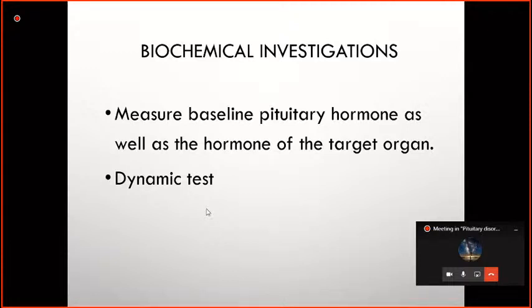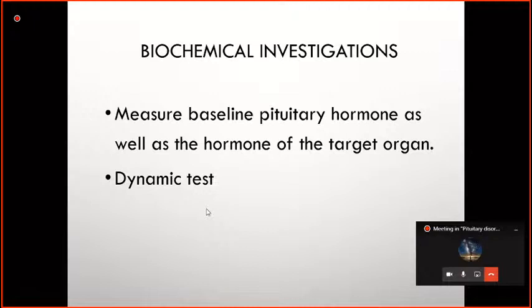If you suspect deficiency, you want to try to stimulate the pituitary to see whether the pituitary gland has enough reserve to actually synthesize the hormone. You understand what I mean or not? So it's actually a challenge. You want to challenge the pituitary gland.